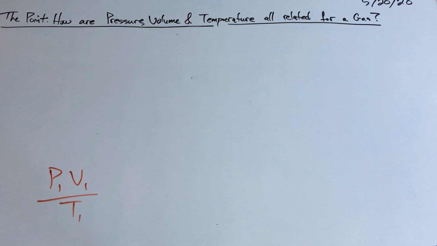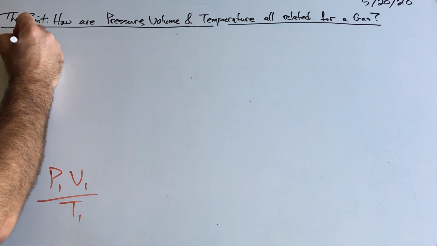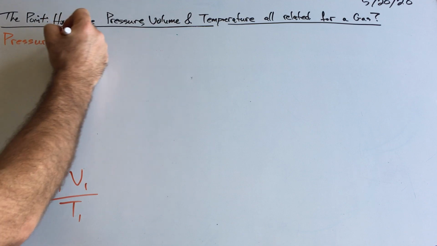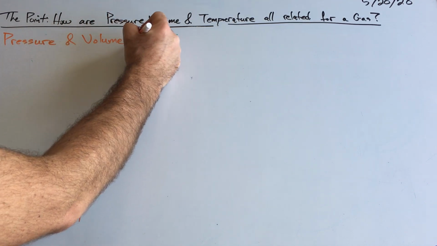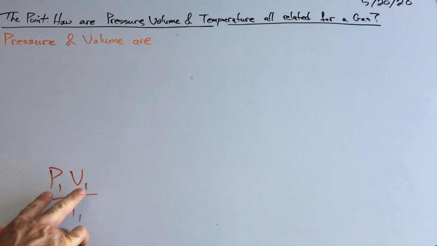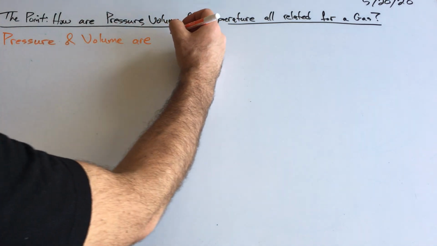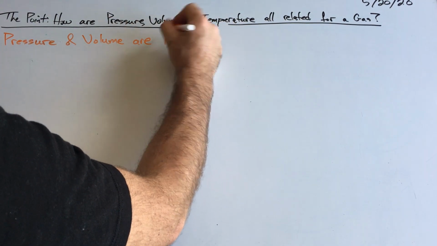Okay, so we have pressure and volume, right? Pressure and volume are, well, let's see, they're on the same level, so they act differently, which means they are inversely proportional.